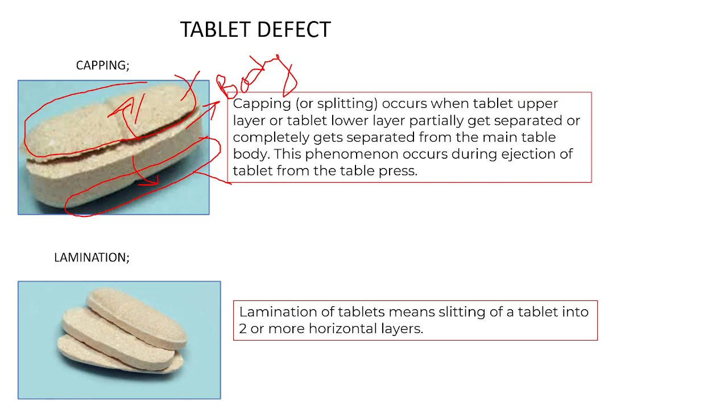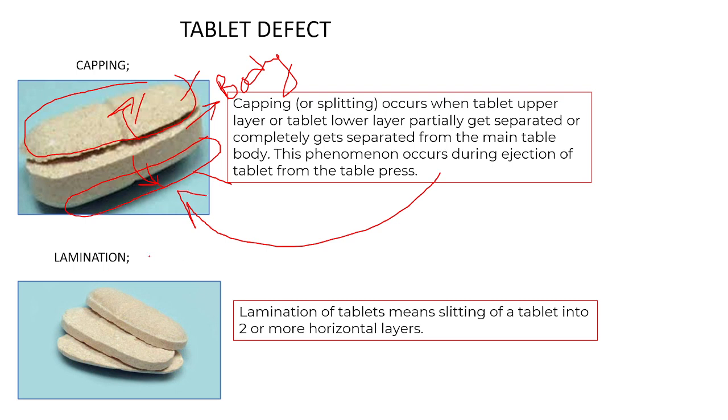Splitting off either the upper layer or lower layer of the tablet from the main body of the tablet, you can call capping or splitting. It happens during the ejection of the tablet from the tablet press.